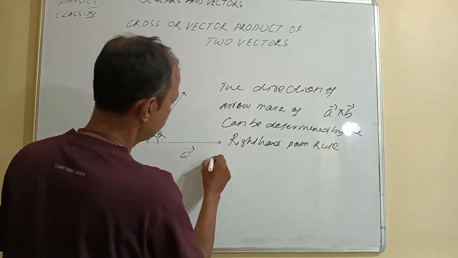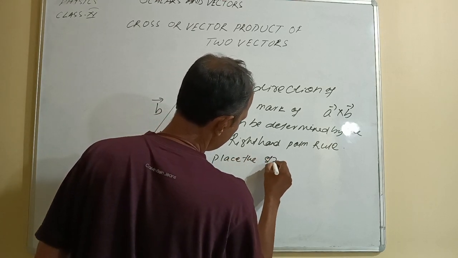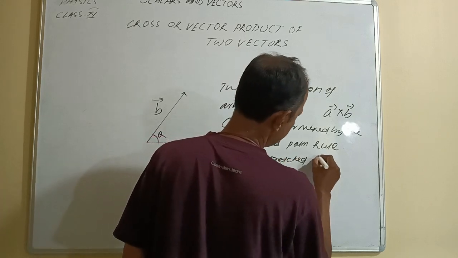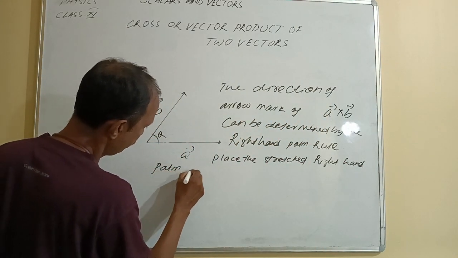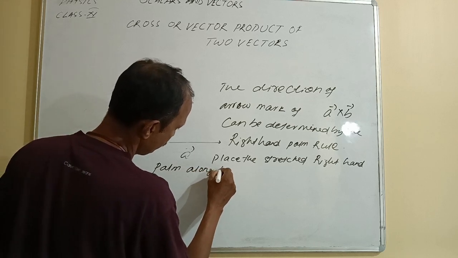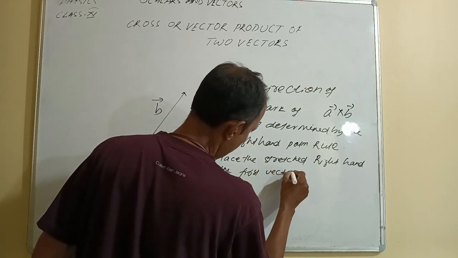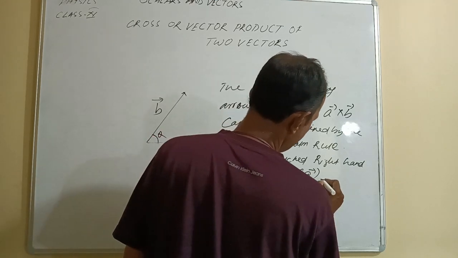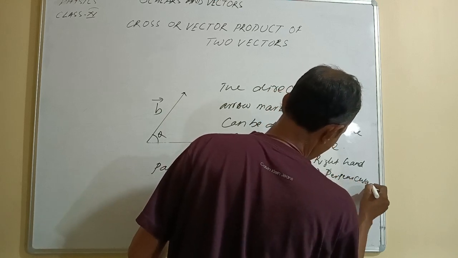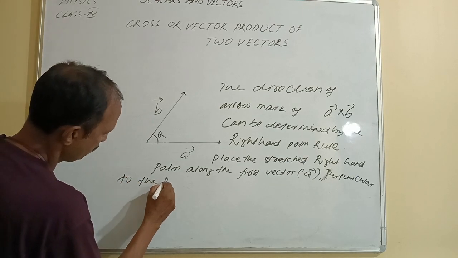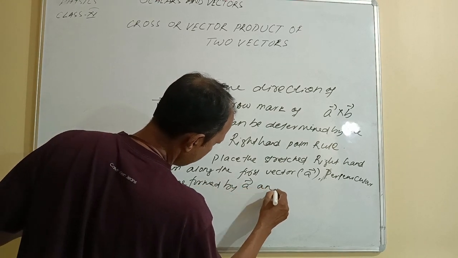So place the stretched right hand palm along the first vector, that means here A, perpendicular to the plane formed by A and B.